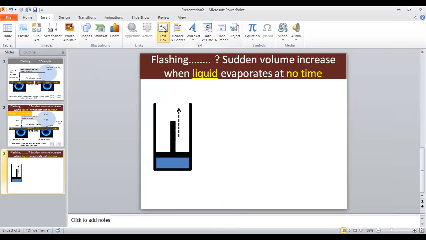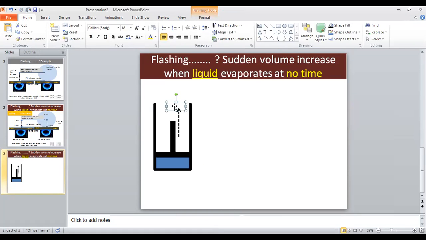And let's say the velocity is very high. Very high velocity means it is quite a fast movement of this.